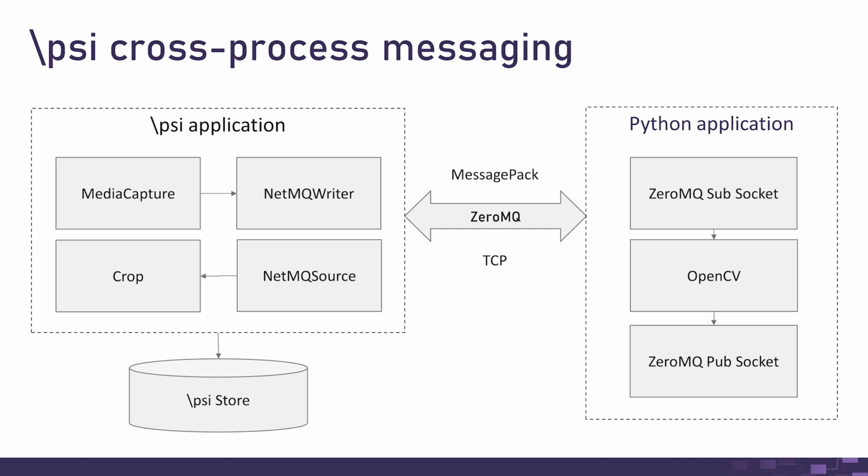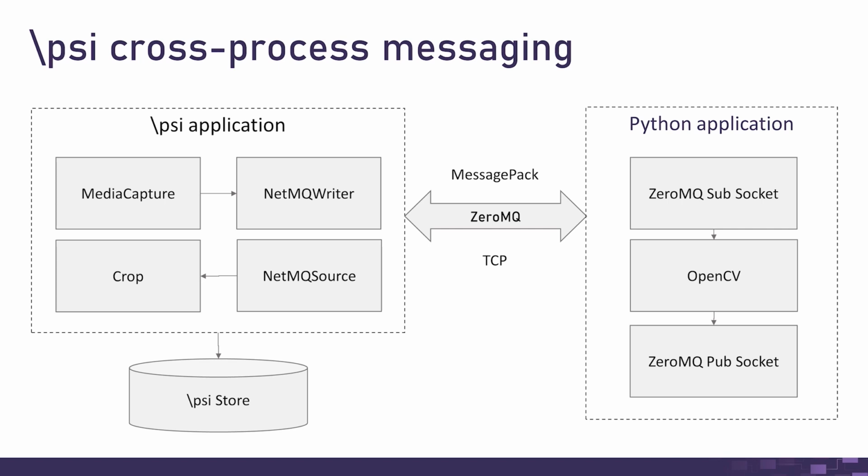Then we'll send back bounding rectangles of those detected faces to Psi. Throughout this whole process, we'll maintain the originating time from the media capture component through the Python world and back into the Psi world. That way we can do accurate cropping at the end. Along the way, we'll store all of this in a Psi store, and we'll look at it in Platform for Situated Intelligence Studio, Psi Studio.